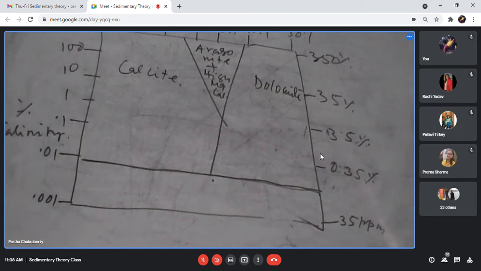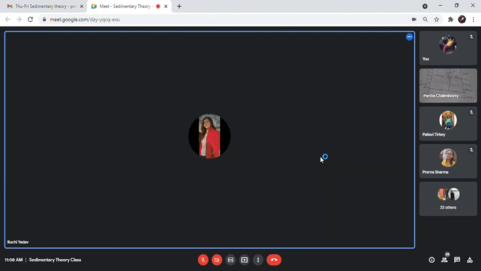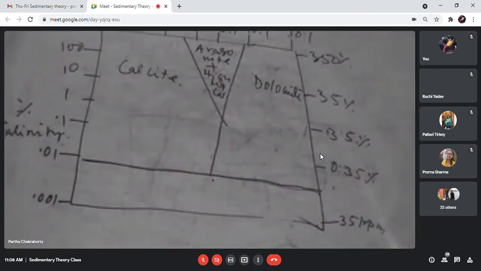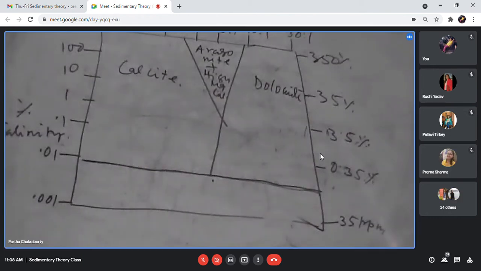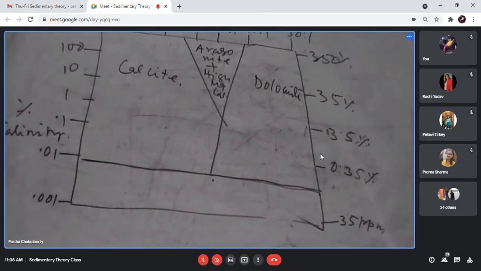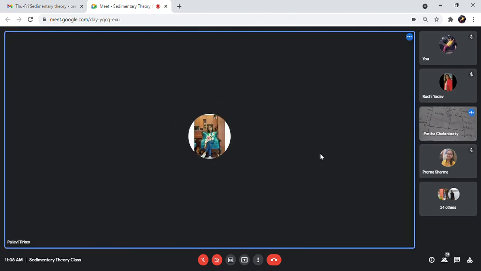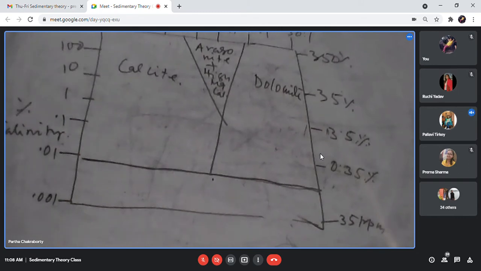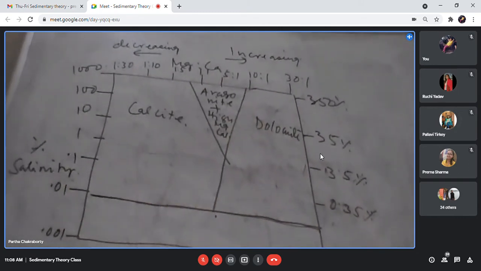Excuse me, sir. Sir. Hello, sir. Excuse me, sir. Is it done? So the x-axis is not visible. Yes, sir.